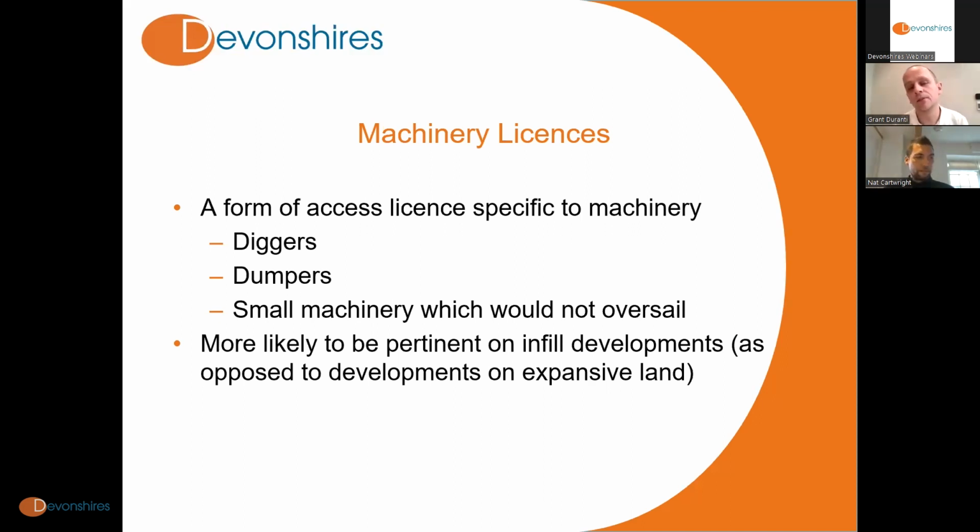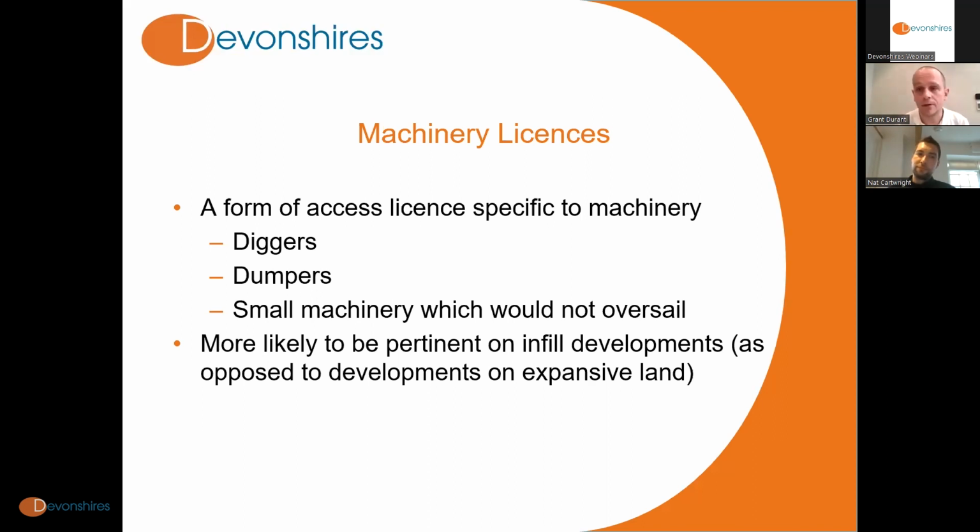In practical terms, this is more likely to be pertinent on an infill development, which is where you're developing within an area which is already developed. The opposite would be if you've just got an open field which is going to be built on with nothing around it. So you're often in more residential areas, in areas occupied by multiple people, and you're building your development within the middle of all of that.